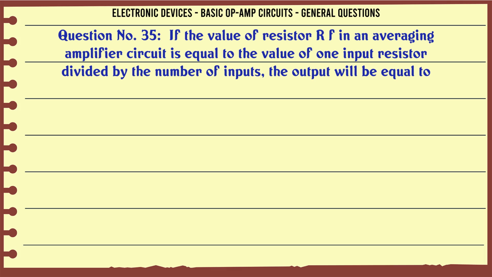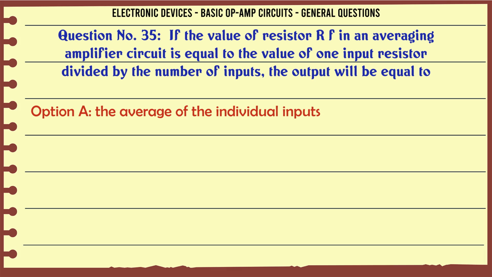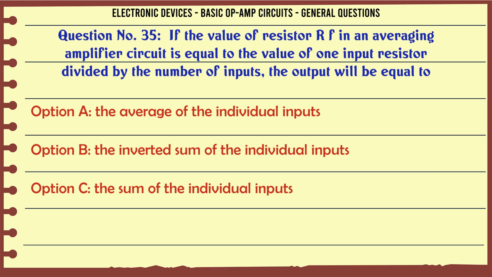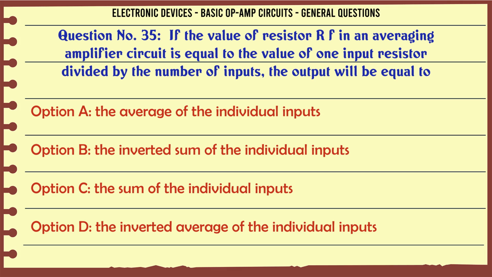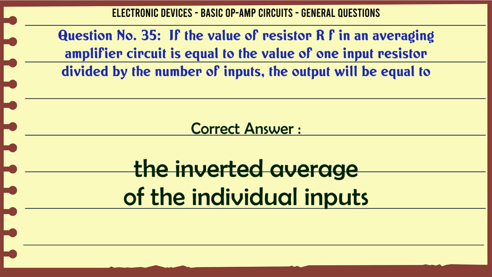If the value of resistor RF in an averaging amplifier circuit is equal to the value of one input resistor divided by the number of inputs, the output will be equal to A. The average of the individual inputs. B. The inverted sum of the individual inputs. C. The sum of the individual inputs. D. The inverted average of the individual inputs. The correct answer is the inverted average of the individual inputs.